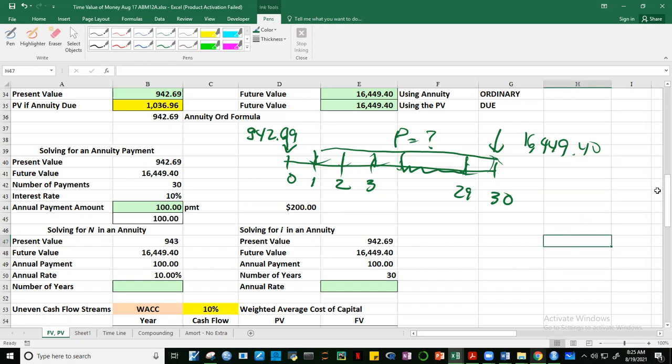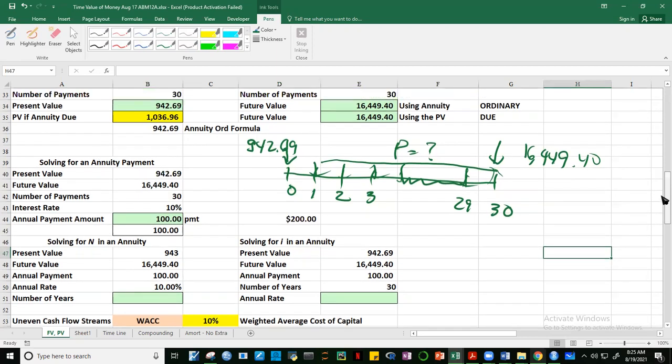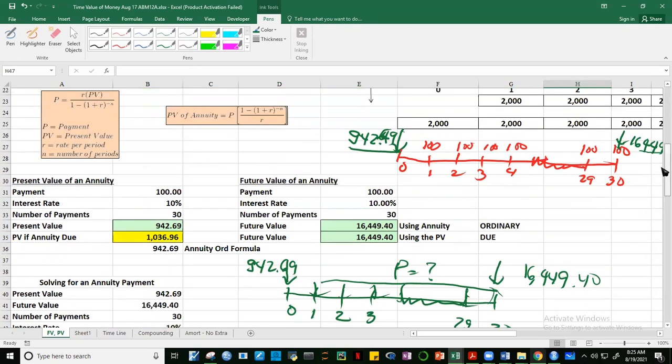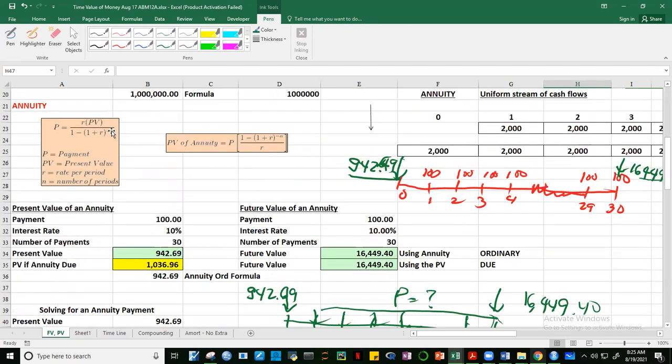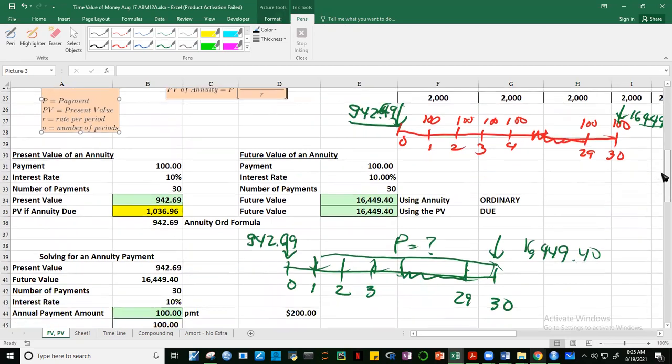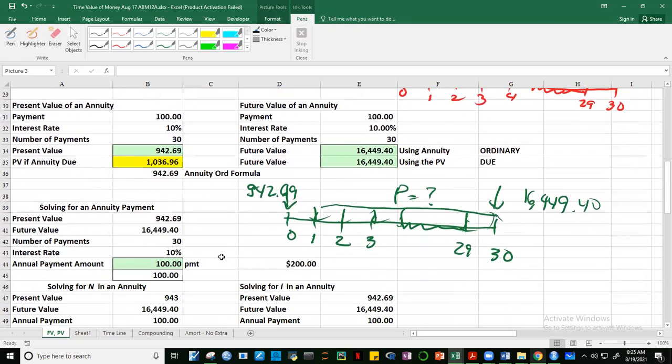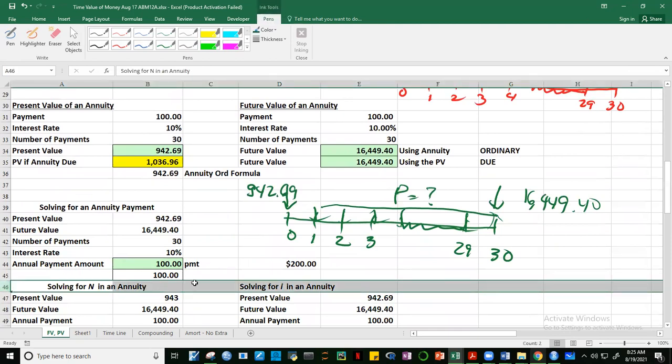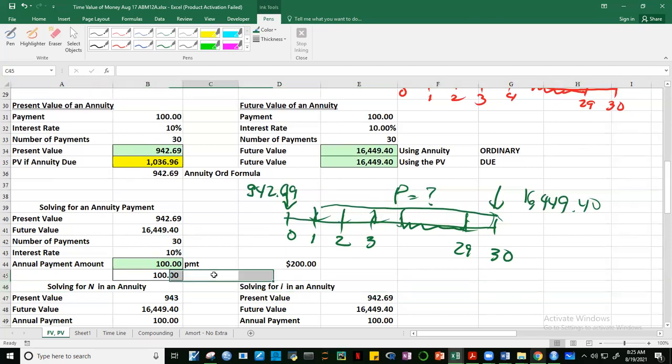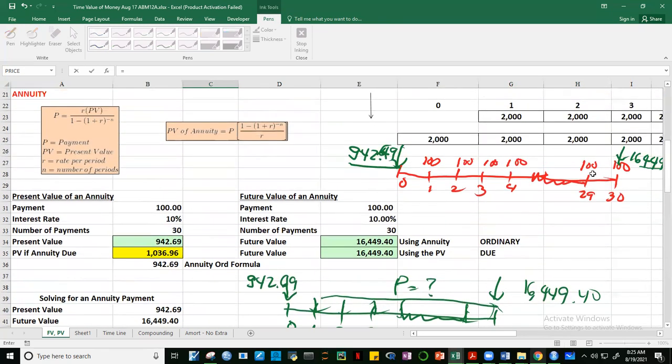Okay? Now, yung pinakita ni Khalil kanina is a formula, no? So pag ang gagamitin natin formula, ito to compute for the payment. Tingnan natin yung formula.